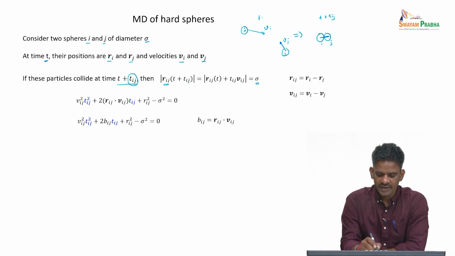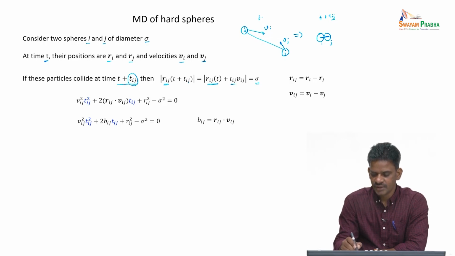So then we can write that the separation distance Rij at t plus Tij is the original distance between them, that is Rij, plus the duration times the relative velocity Vij. Each of them has a particular Vi and Vj, and the position at this particular point can be written as the position at time t plus Tij times the relative velocity Vij. This should be equal to sigma.